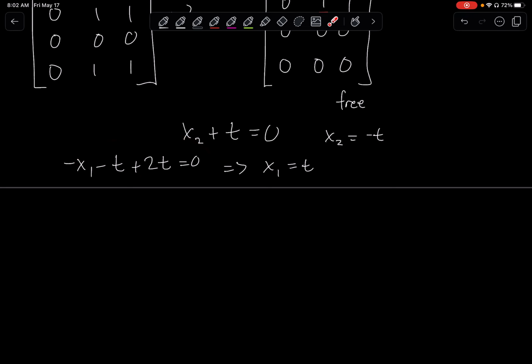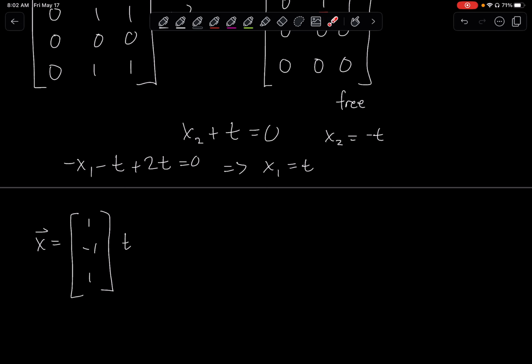So now I have all my variables. I just need to set it up in a nicer way. So x is equal to the vector 1, -1, 1 times t.